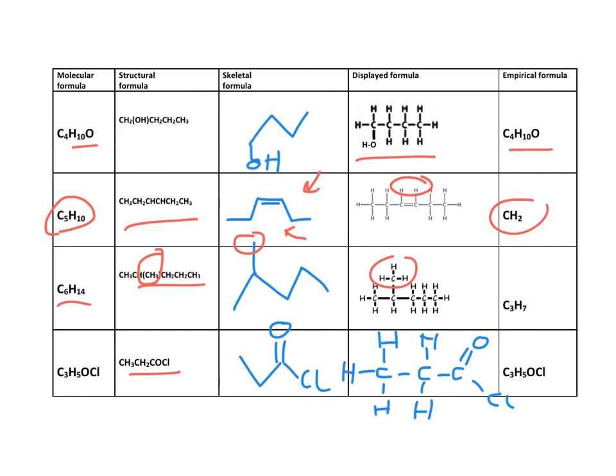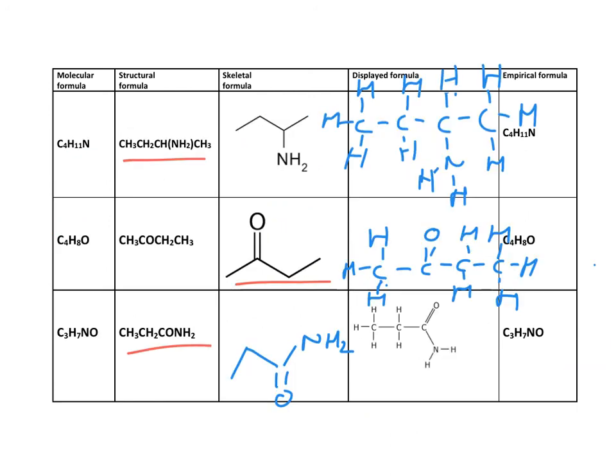And C6H14 can become C3H7 in the empirical formula. And again, we've got the acyl halide there with the skeletal and the displayed showing. And on the final page, you can see we've got the displayed formula for our amine there.